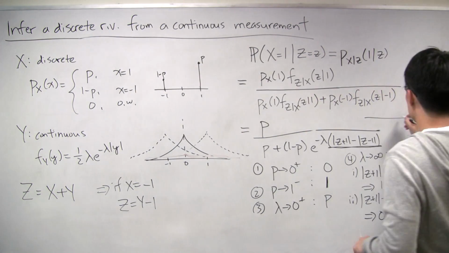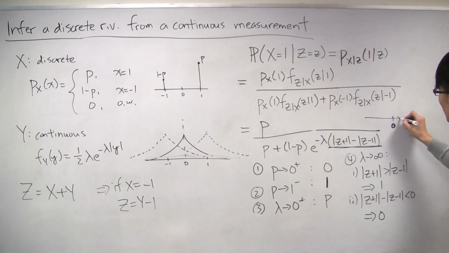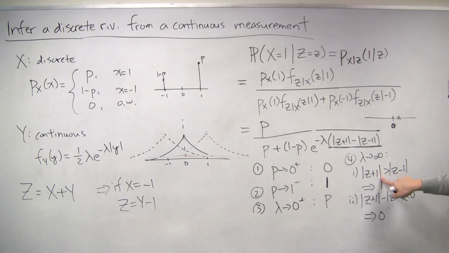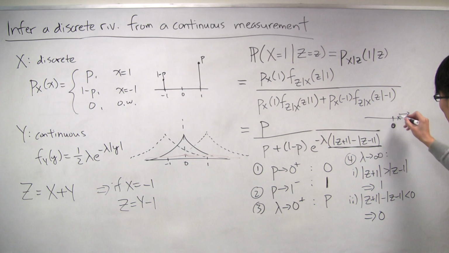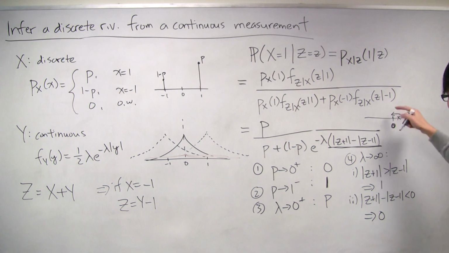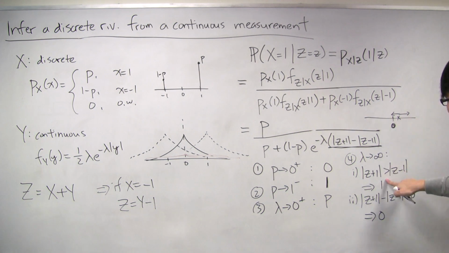Right? Draw a line here, and if this is 0, if z is positive, something here, adding 1 to it and taking the absolute value doesn't do anything, but you'll get something bigger. Whereas subtracting 1 will take you closer to 0, and so the magnitude, or the distance from 0, will be less.